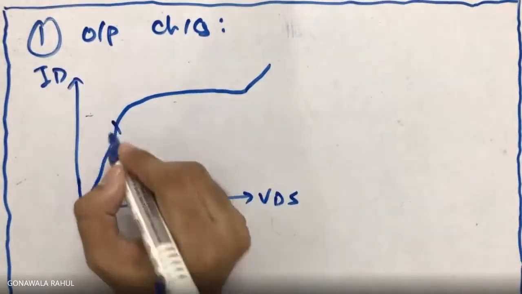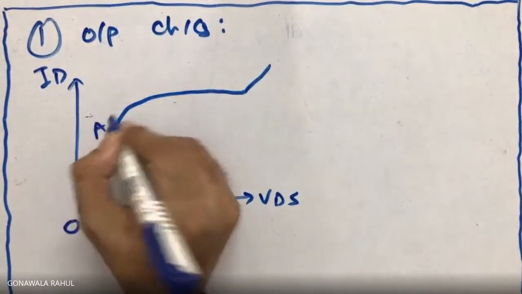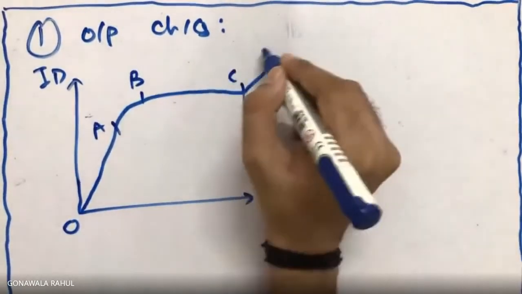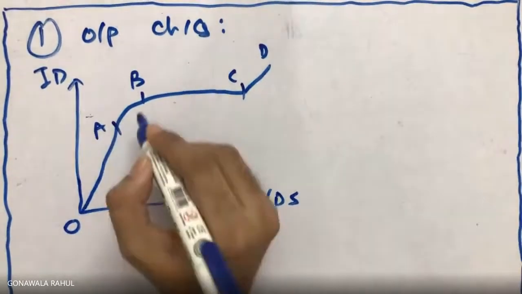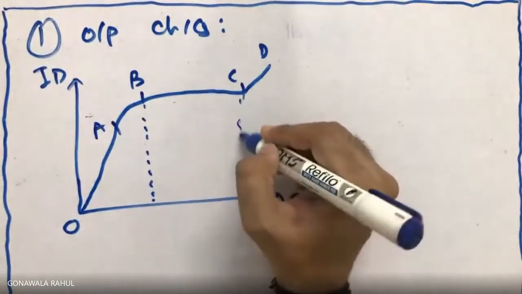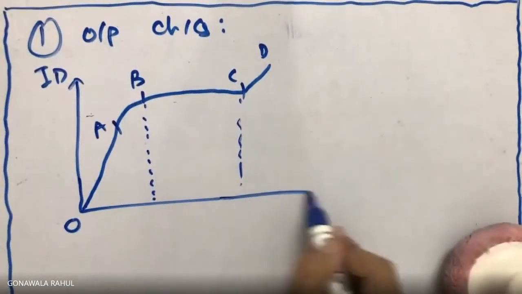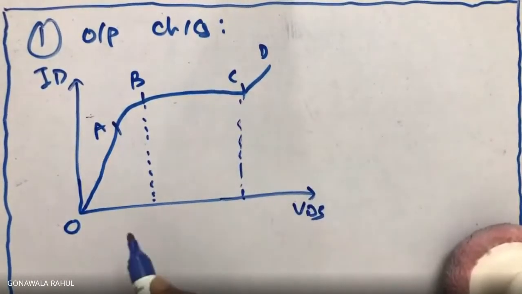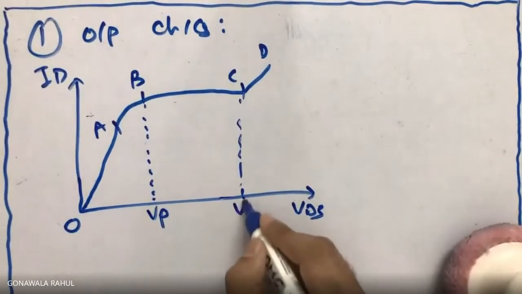Let's say I name this point O, this is A, this is B, this is C, and this is D. This is VP.